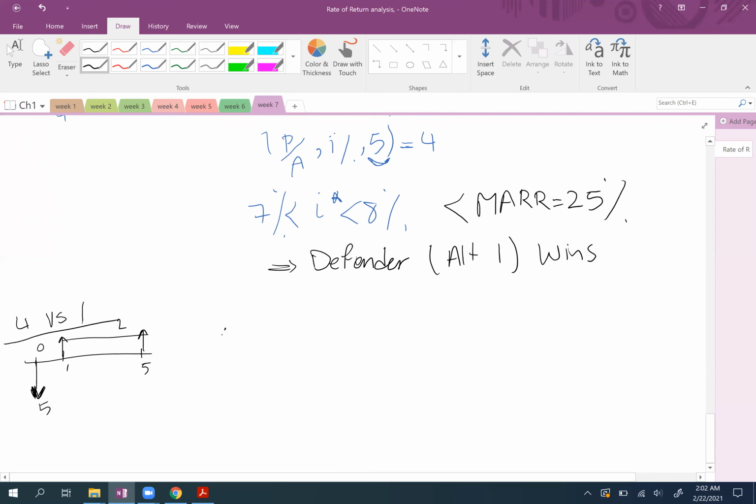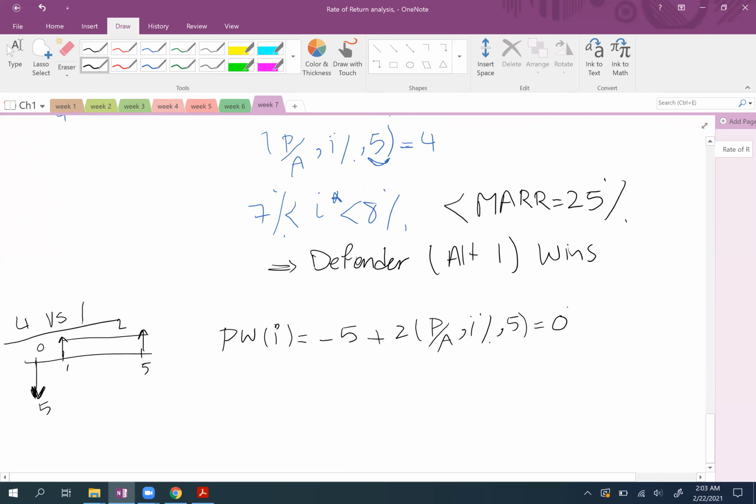Again, I will need to calculate present worth as a function of I. If you don't like present worth, you can calculate the annual worth. Plus 2 times P given A, I% and 5, set it equal to 0.